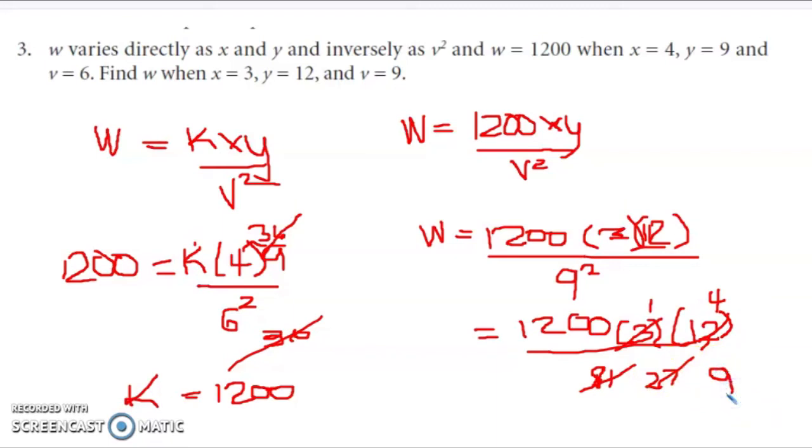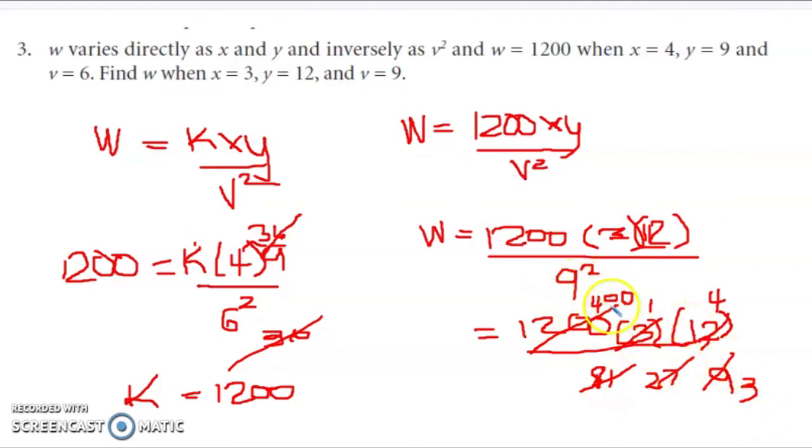Okay, so take note that we are canceling the factors so that we can divide or multiply easily. Now, 1200 can be divided by 3, and that is 400. So, i-divide ko ito sa 3, that will become 400. Ito, pwede ko pa rin i-divide sa 3. 9 divided by 3 is 3.